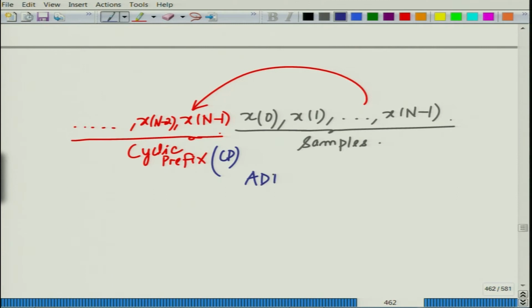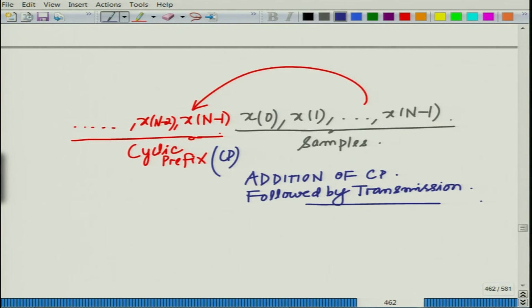This is the addition of CP, followed by transmission.